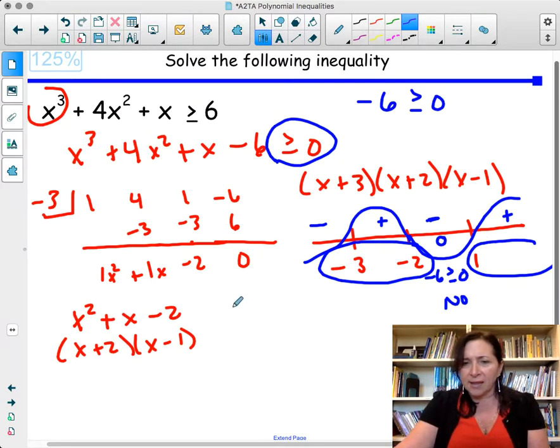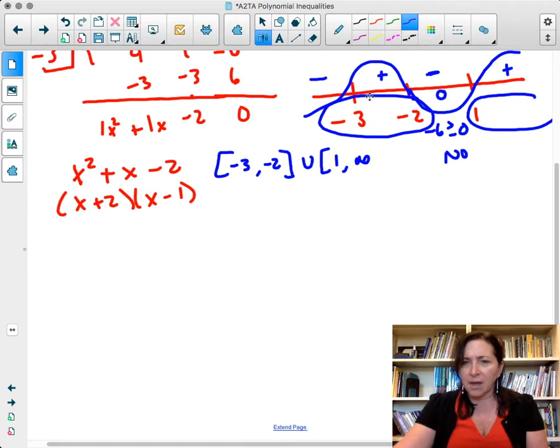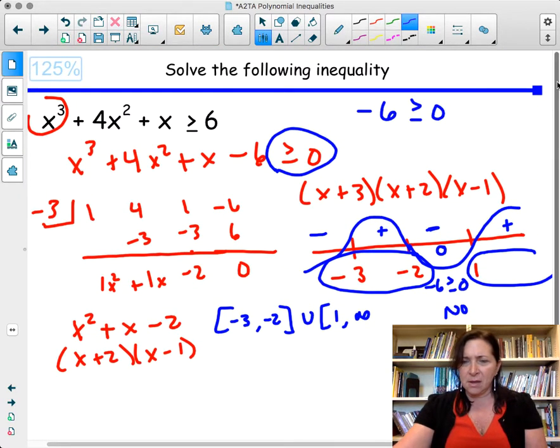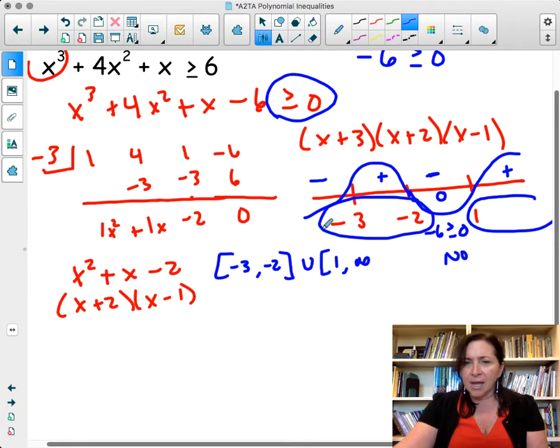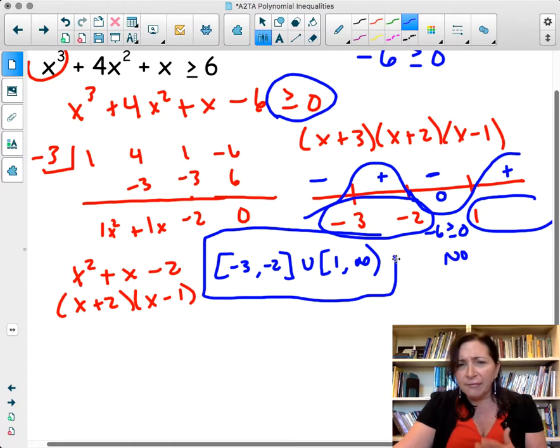So you're going to say, and that's a bracket, bracket -3 to -2 union 1 to infinity. And so that's my graph go. Can you see that? Okay, and that'll be a parenthesis. So there's my answer.